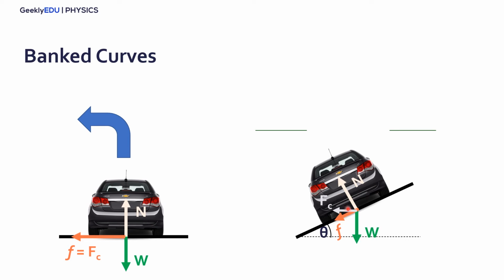So because of this angle here, we can actually reduce the friction on the tires. That's the main reason why they bank those curves, because at high speeds, the friction on the tires would be very, very high, so the car would slip. If we bank the curves, now we can reduce this friction on the tires, all right?